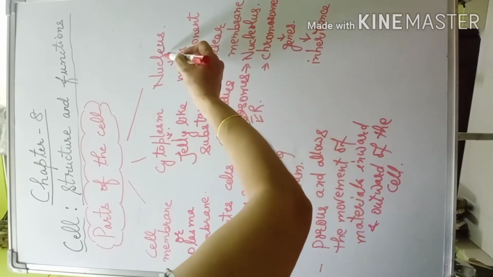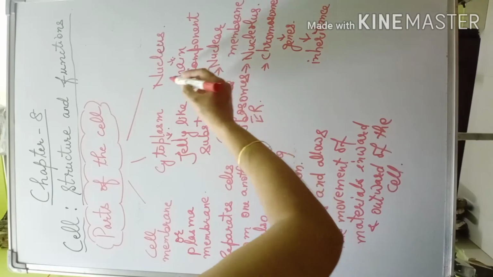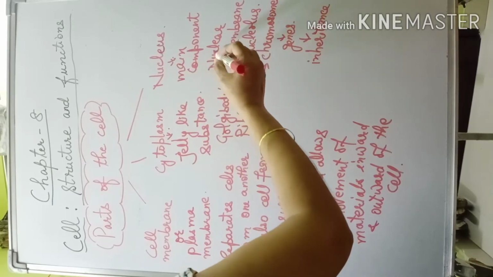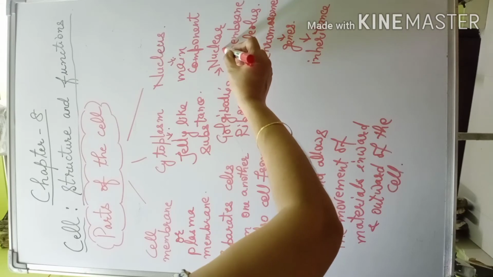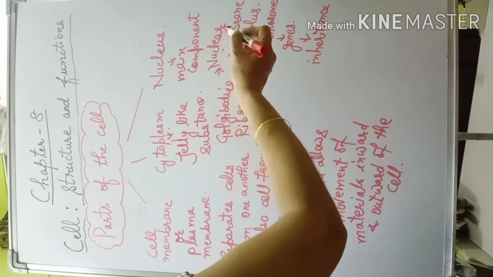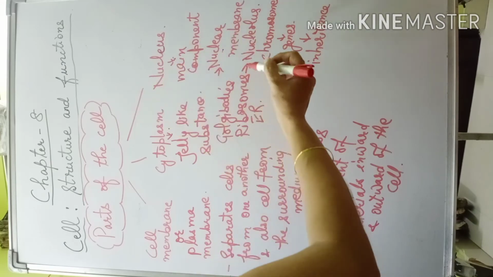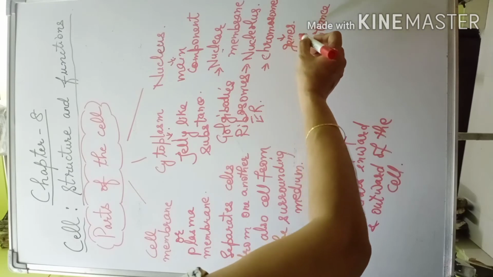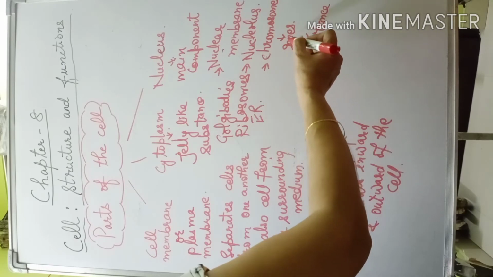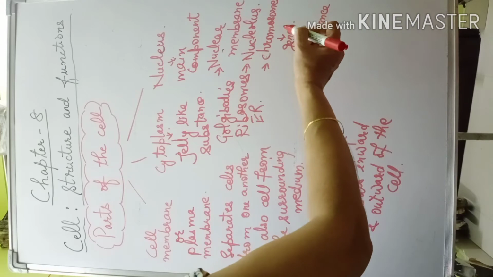So what are the functions of nucleus? Now the nucleus has nuclear membrane. Nuclear membrane is also porous and it allows the movement of materials inward and outward of the nucleus. Then chromosomes have genes which help in the transfer of characters from the parents to the offspring.